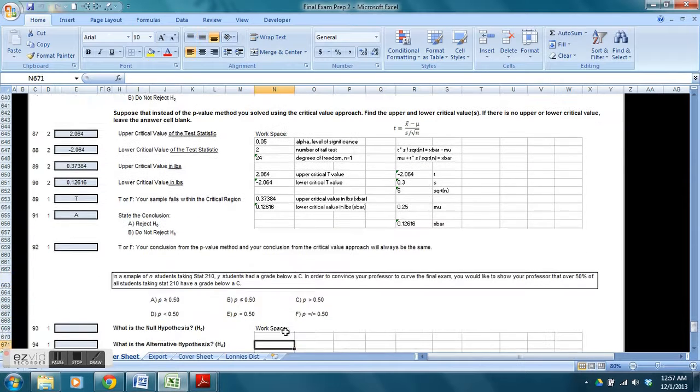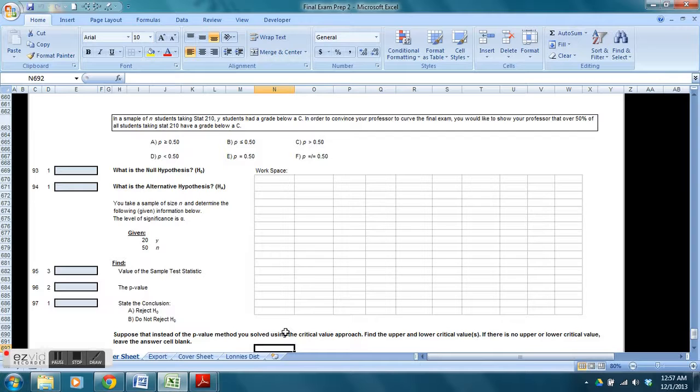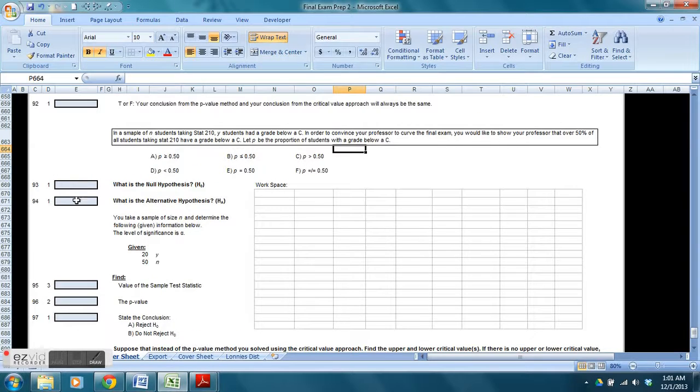Alright, going down to the last type of problem, the proportion problem. Basically, you'd like to prove that over 50% of all students in Stat210 have a grade below a C. So the null hypothesis is... it's easier to look at the alternative hypothesis first.